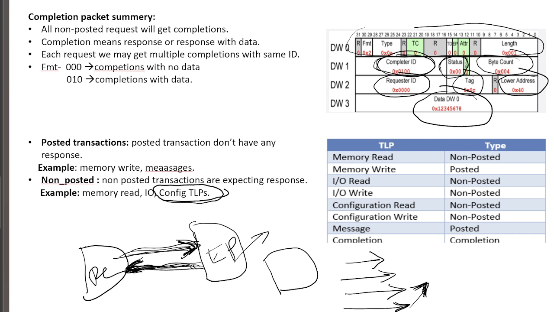In completions we have different types. Maybe completions you get with data, and sometimes you don't get data, as with a configuration write. Configuration write means you have an RC and an EP, and you send the request such that the device needs to accept it in a specific manner. Let's say your EP is in 32-bit addressing mode, but the RC wants 64-bit addressing mode.